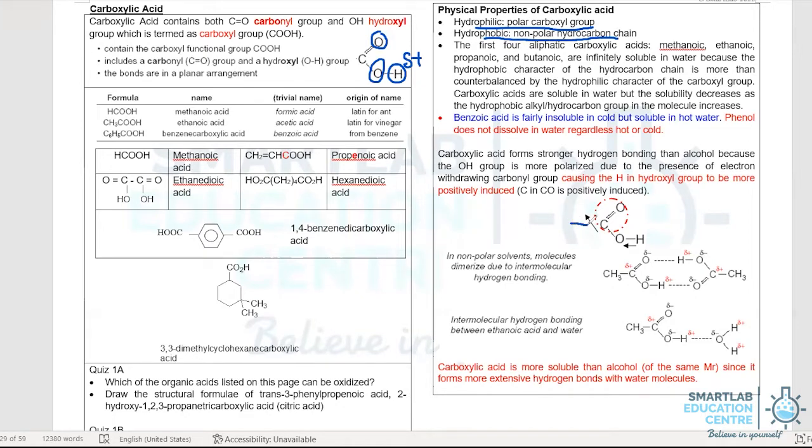Let's now make a comparison between the hydrogen bond formed in carboxylic acid and that in alcohol. One of the key differences in carboxylic acid is that it has an electron-withdrawing carboxyl group. The presence of the electron-withdrawing carbonyl group would polarize the OH bond by shifting the electron cloud of oxygen towards C=O, and hydrogen's electron cloud will, therefore, be shifted towards oxygen.